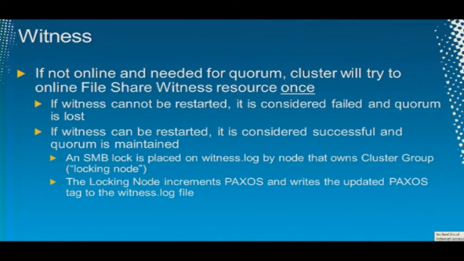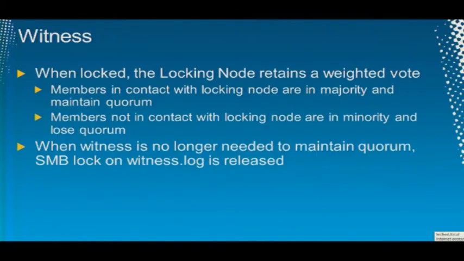Now, whichever node establishes that lock, we call that the locking node. It's easy to remember that term. And all of the other cluster or DAG members that are in communication with the locking node, assuming we have enough of them, they should maintain quorum and that part of the solution will stay up. Any member that's not in communication with the locking node will lose quorum and will terminate its service. Okay, so it's that important.